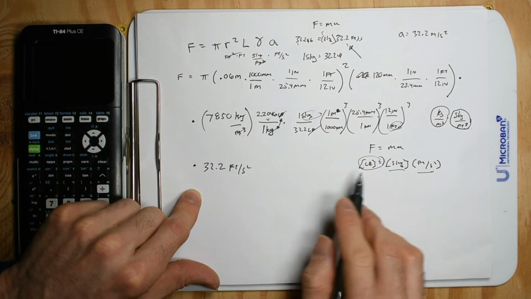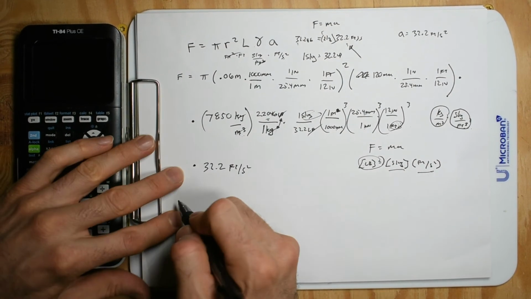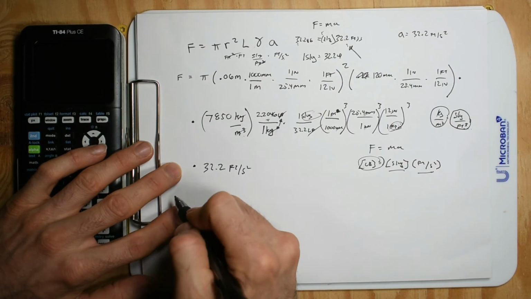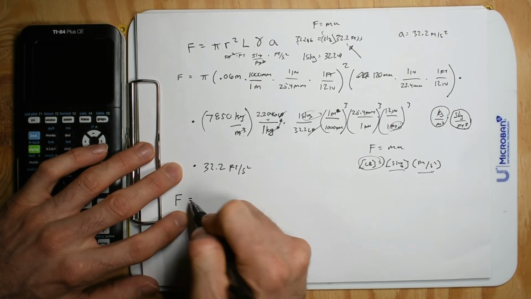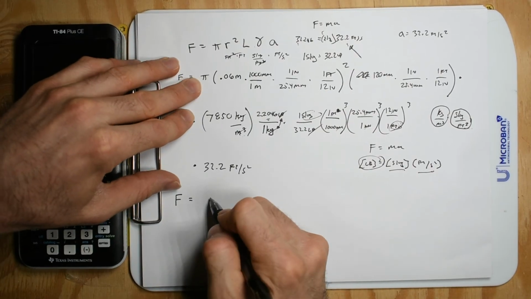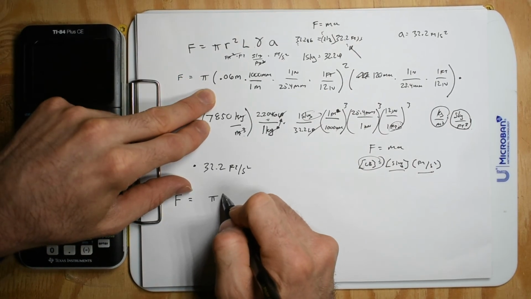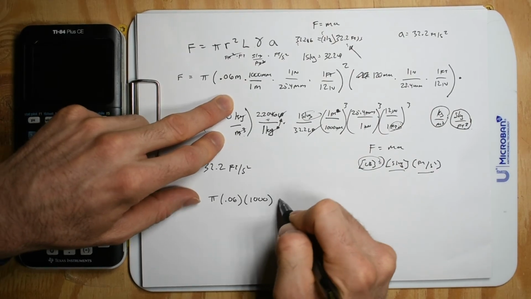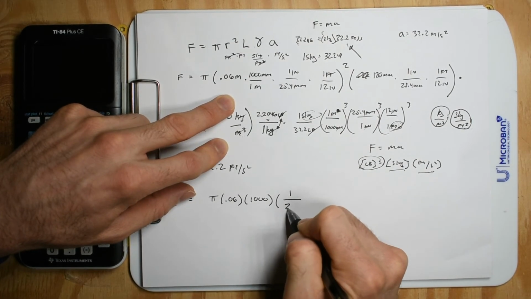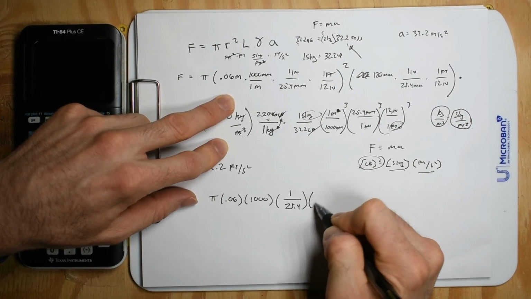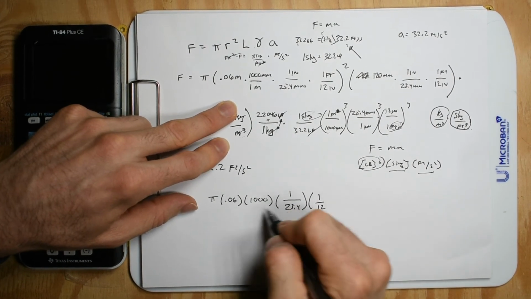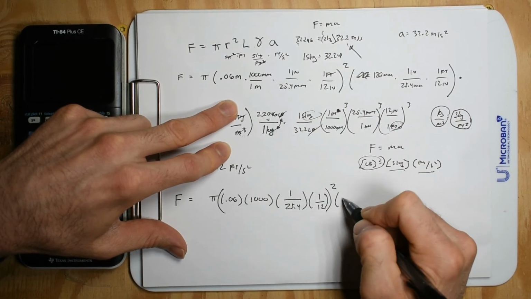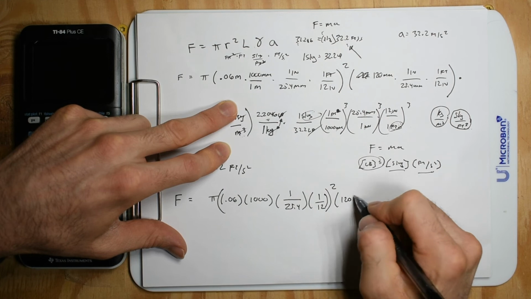So there you go. That's all in one go, and it looks real crappy. Sometimes it's best to even just get rid of the units. So we're going to go pi, 0.06, thousand, all this squared, 120.